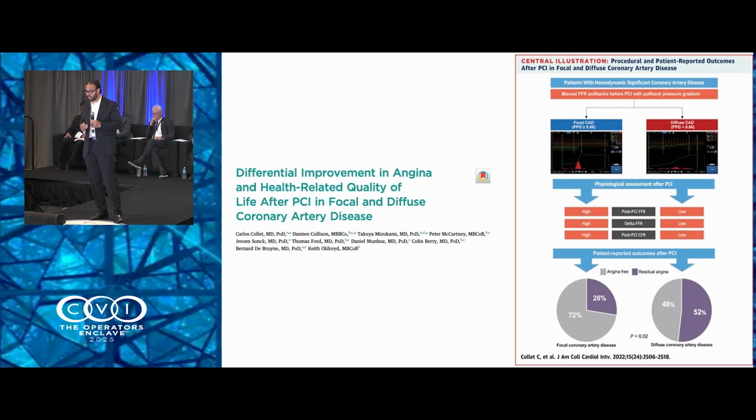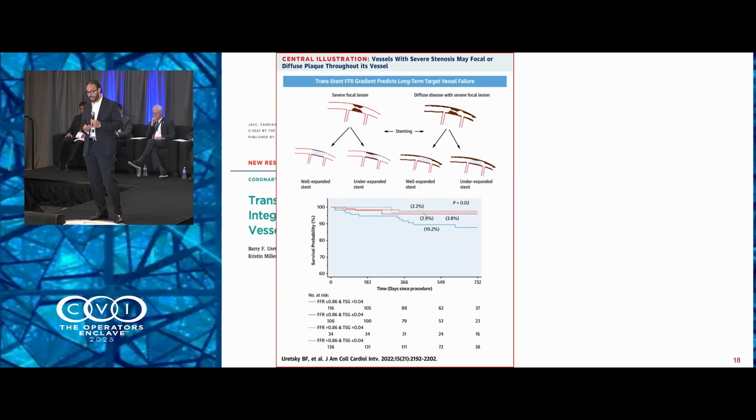How did that relate to symptoms? Well, if you had more diffuse disease, you do a PCI, it looks great angiographically, but if you do a post-PCI and you still have depressed FFR values or pressure loss within the vessel, you're likely to still have angina, which is something to think about as well. How about relating transstent gradients, or gradients within the stent and beyond, pre and post stent?